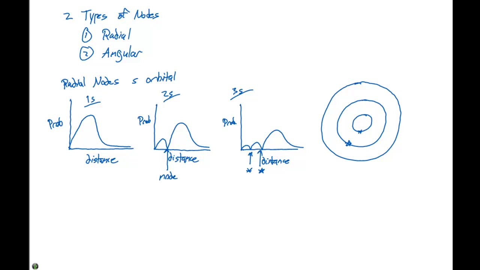So the 3s orbital, if we represent it over here on the right, will have 2 radial nodes.